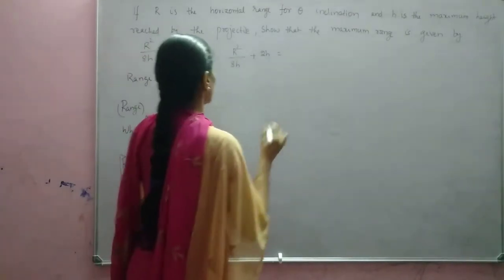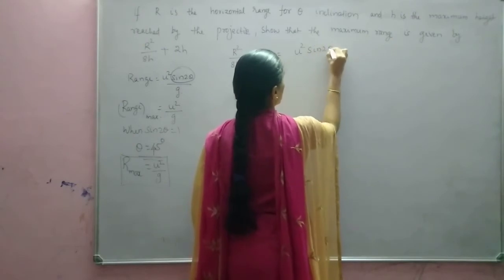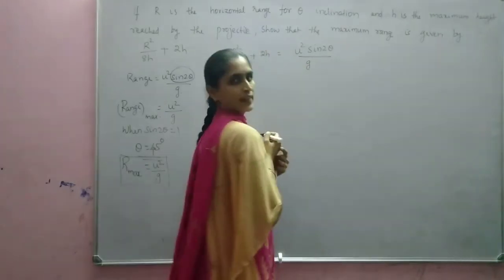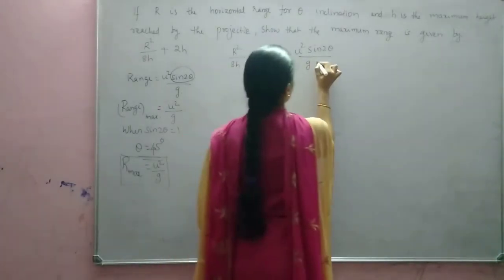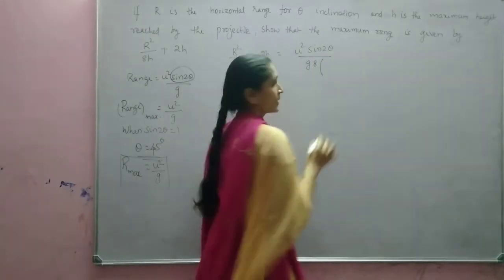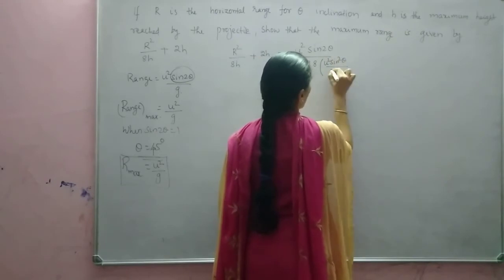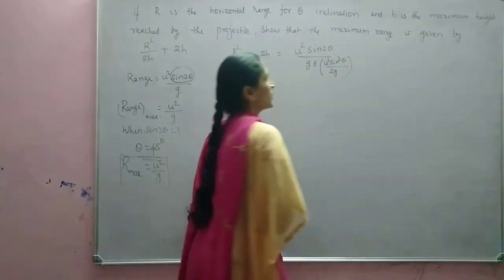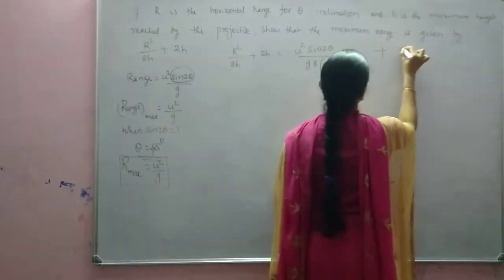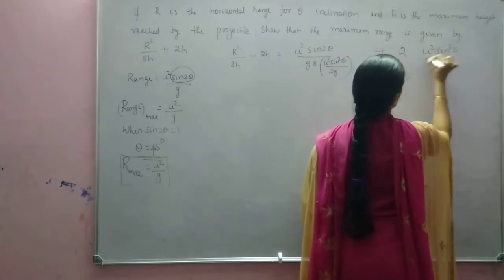Range, you know the formula, u square sine 2 theta divided by g, into 8, into H. What is the value of H? U square sine square theta by 2g. This plus 2 into again u square sine square theta divided by 2g.